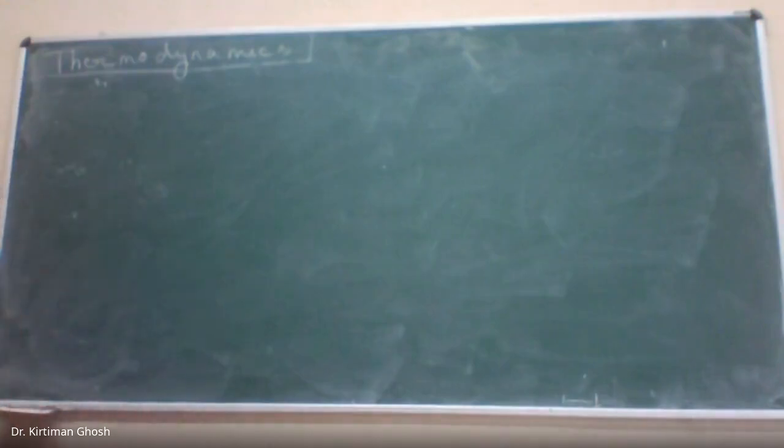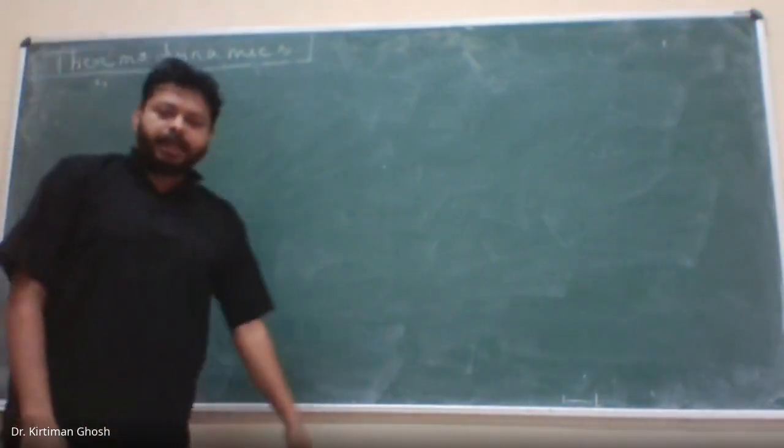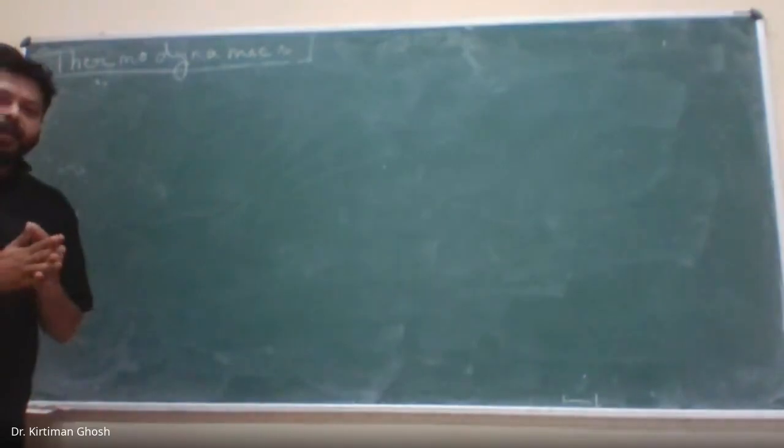So that is the objective of thermodynamics. You have a system, you measure some variables, you formulate some law to predict what will be the future behavior of the system. This is what we do in thermodynamics.